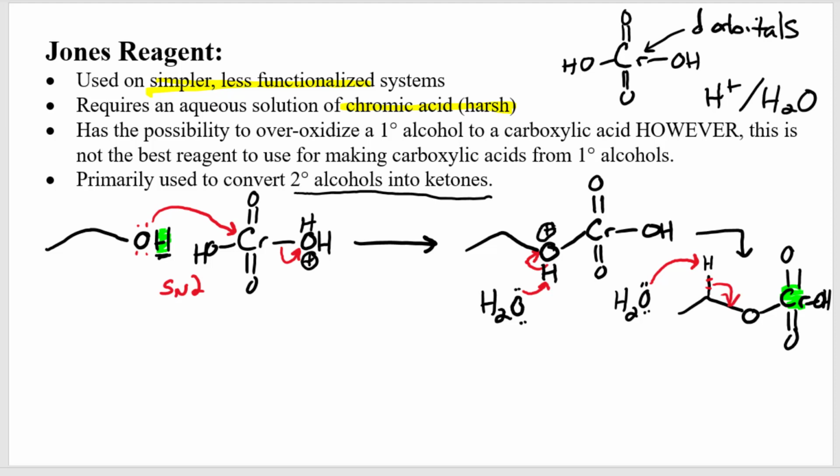These electrons are going to become the new pi bond. And look what happens. The chromium gains the electrons. Chromium gains electrons. It is getting reduced. So the chromium is getting reduced.